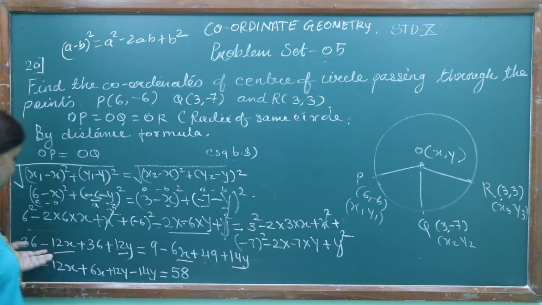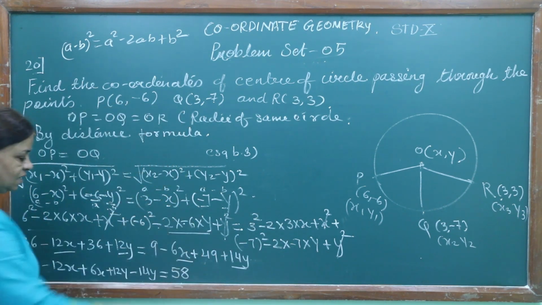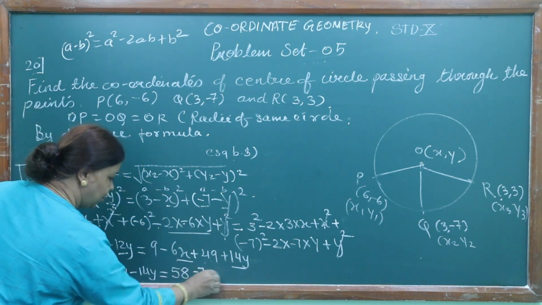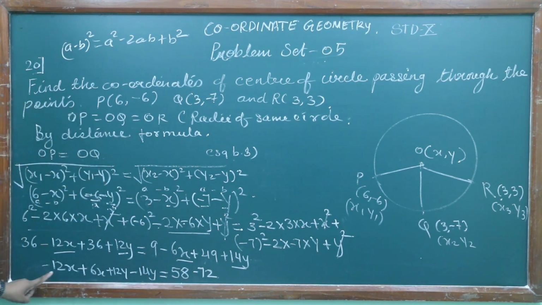So from here I am shifting 72 this side, so minus 72. Clear, children?